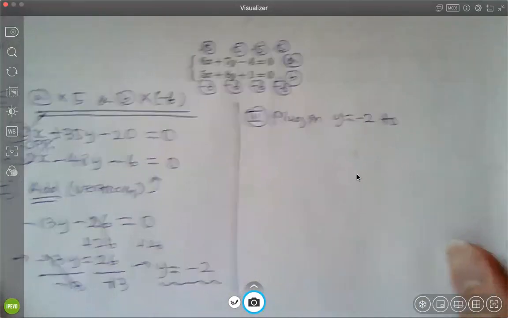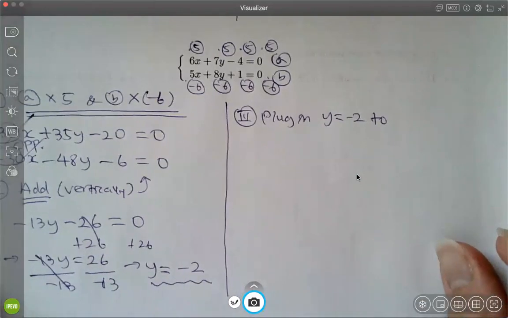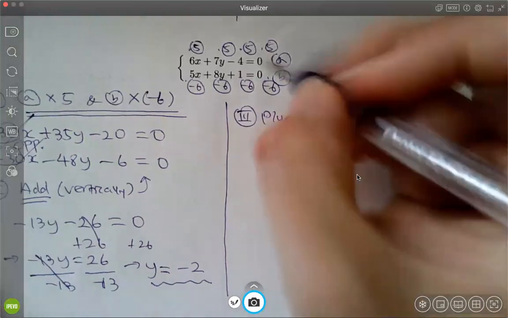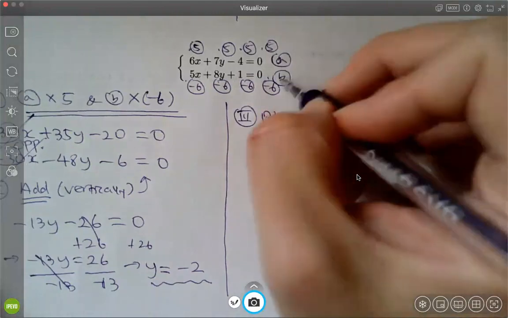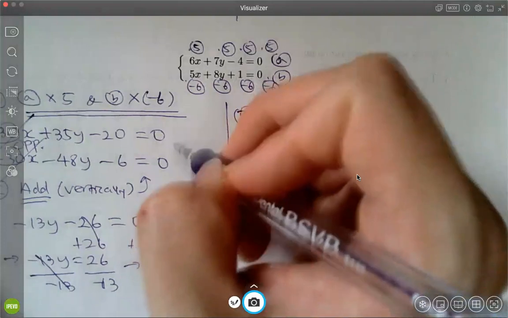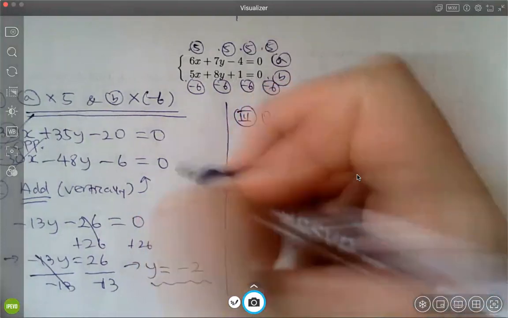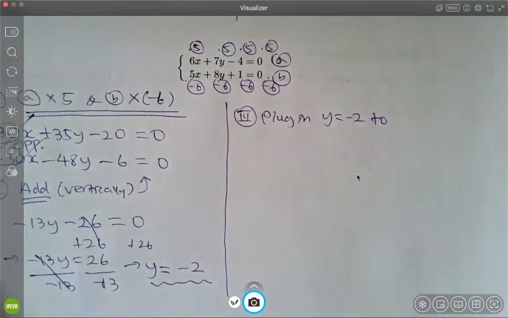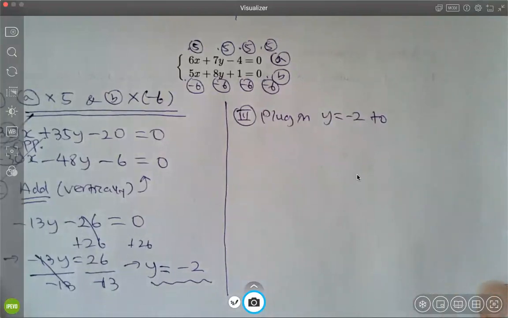Now here, do you see that we have more choices compared to the previous few problems? We have old a and b, and then we have new a and b, right? Which we got after we multiply 5 and -6. So which equation is the easiest to work with? Old a, old b, or new a, or new b?